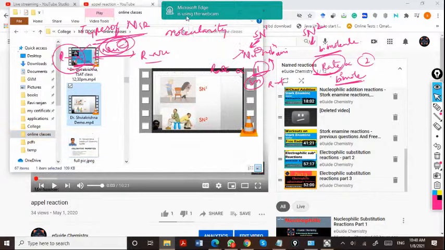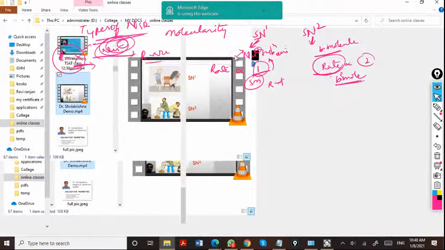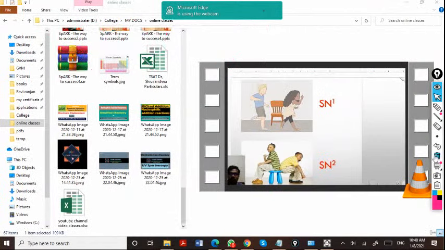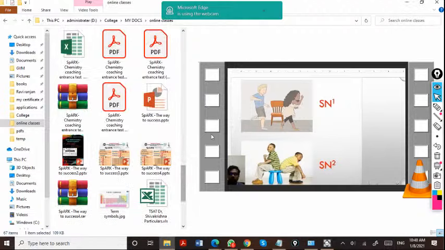In this you can find the picture. Is it visible? So if it is SN1, the center is the place where the reaction takes place, the actual starting material molecule where the alkyl halide needs to react.